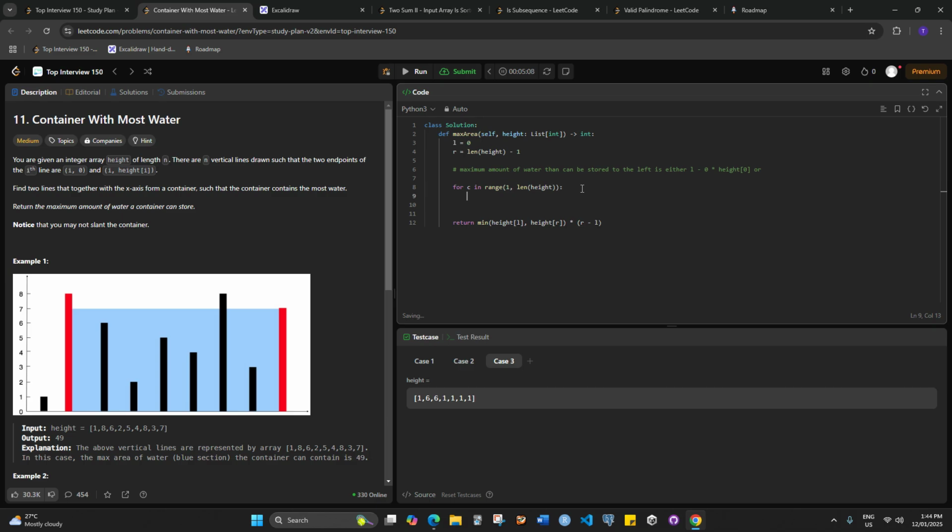So for C in range 1 to the length of height, max water has to equal the minimum potential.